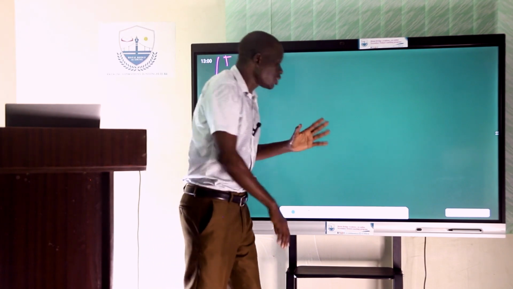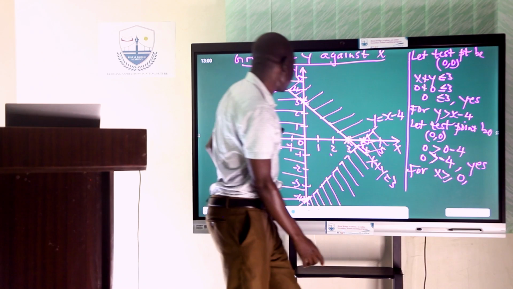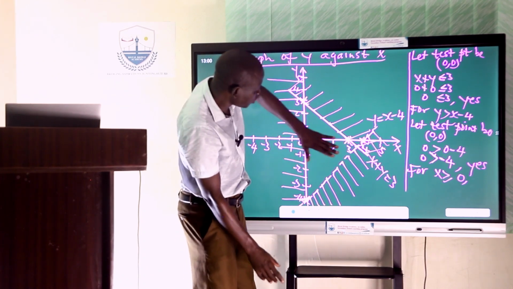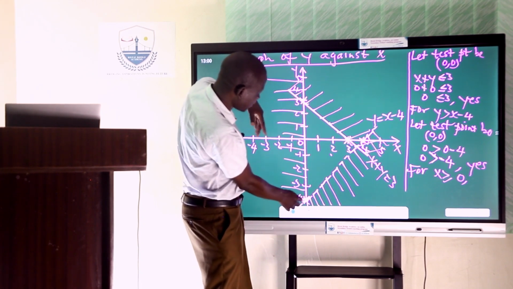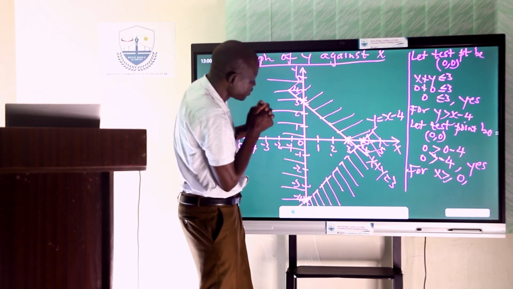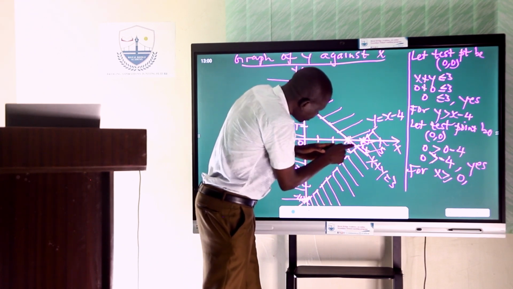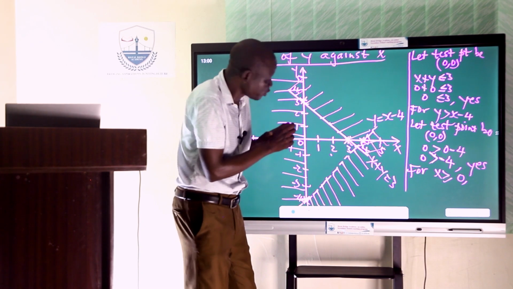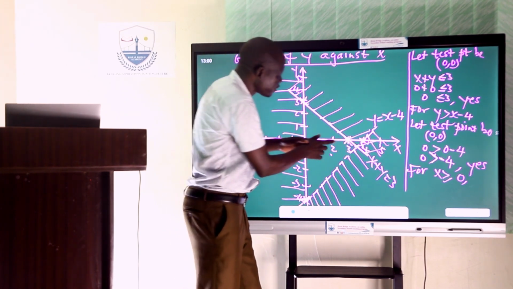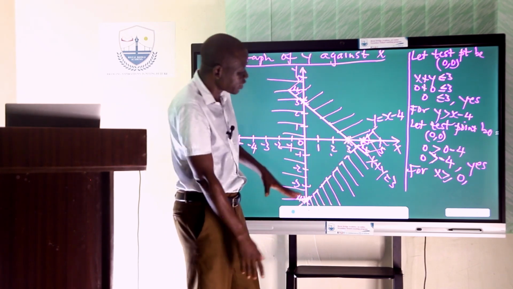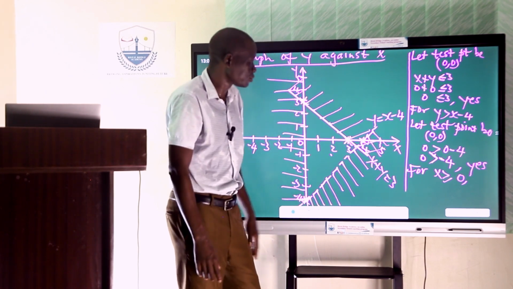To find the area, we need to know the base, which is the distance from this point up to here, and the height, which is the distance from this point up to here. Now to find the height, we need to know the value of x. How do we find x? We solve the two equations simultaneously.